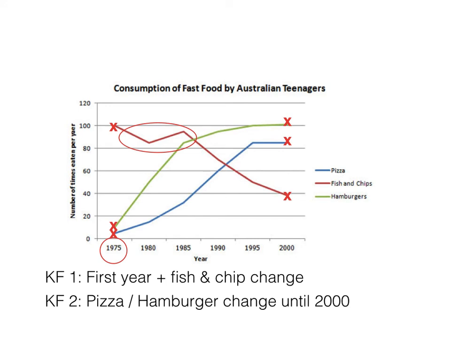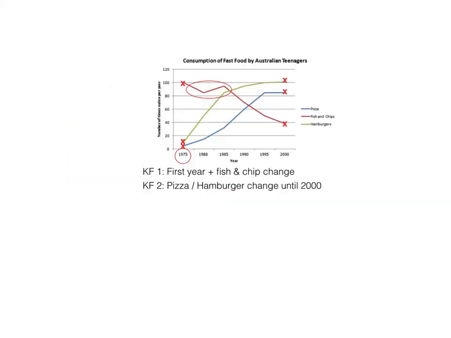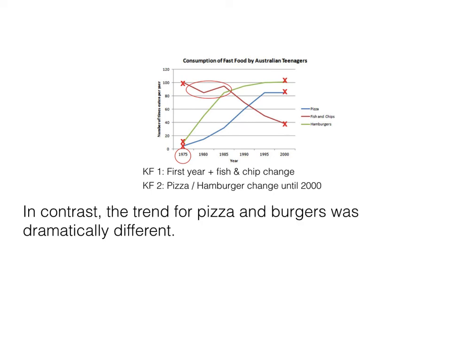On to my last paragraph, key features 2. Here we go. Let's start with a cohesive device, a linker, to show contrast. In contrast, include a general statement here. The trend for pizza and burgers was dramatically different.